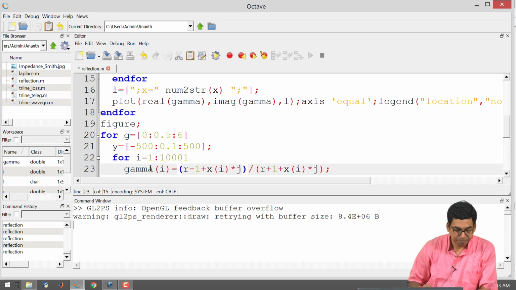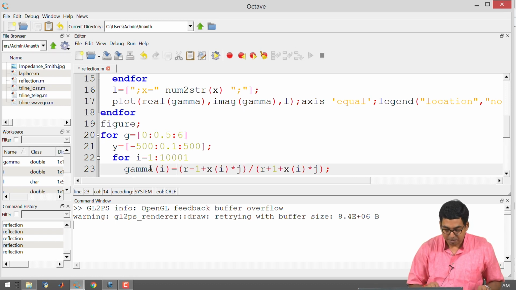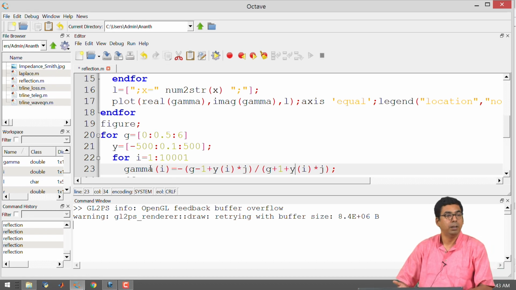Now, the formula that we had was minus of (G minus 1 plus Y of I into j) divided by (G plus 1 plus Y of I into j). This is the formula we had written.